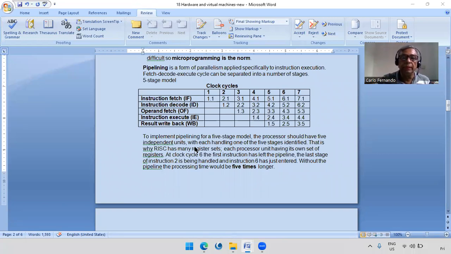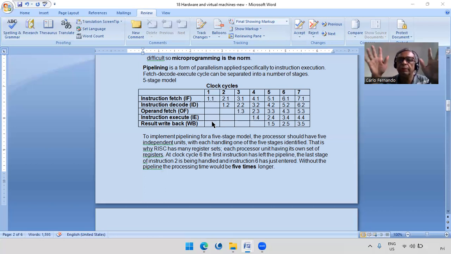To implement pipelining for a 5-stage model, the processor should have 5 independent units, with each handling one of the 5 stages identified. Now, if the first instruction is broken into 5 stages, 1.1, like that, in the first clock cycle all the actions take place according to the tick, like the conductor conducting the orchestra.